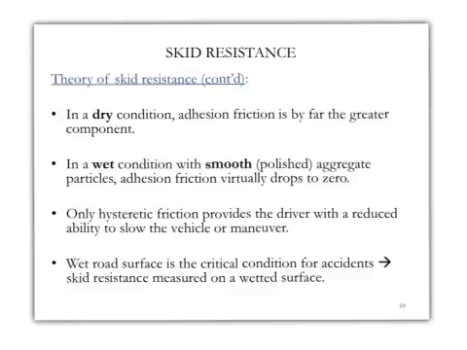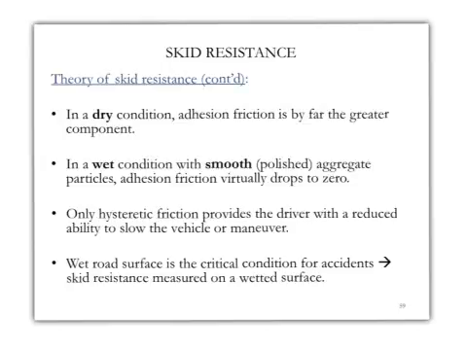So that amount of friction now is not there, and the only contributing factor in a wet condition would be the hysteretic friction, which is going to provide the driver with a reduced ability to slow the vehicle or maneuver.